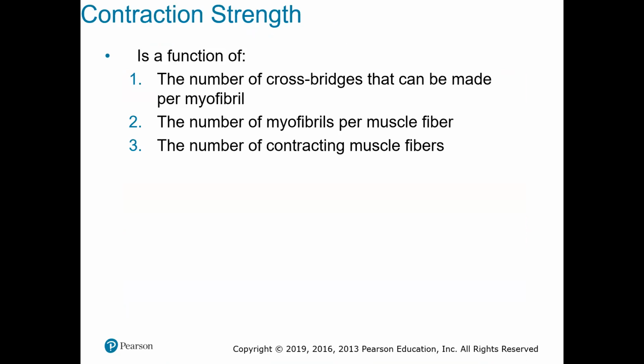This happens in every sarcomere, in every myofibril in the muscle cell. It only happens in muscle cells that are stimulated, and you may have a cell stimulated and nobody else around it. That cell is going to be stimulated, and maybe a cell 100 cells away will be stimulated.